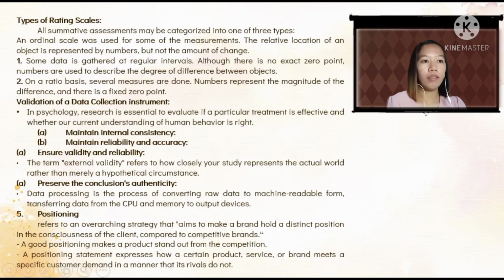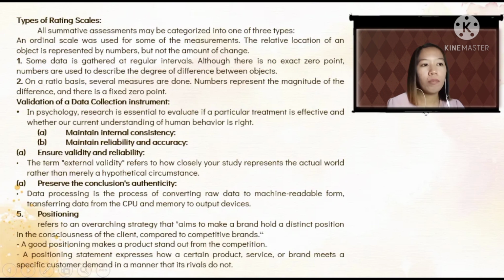Types of rating scales. All summative assessments may be categorized into one of three types. Number 1. An ordinal scale was used for some of the measurements. The relative location of an object is represented by numbers, but not the amount of change. One example is a Likert scale.